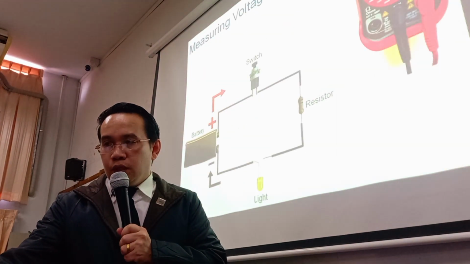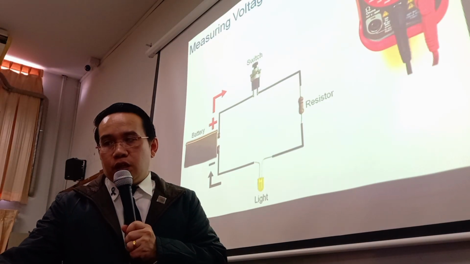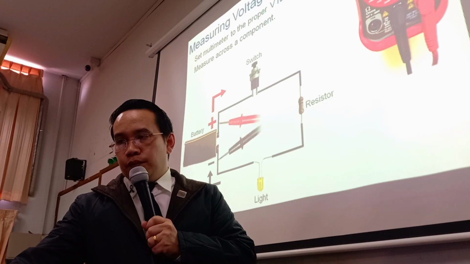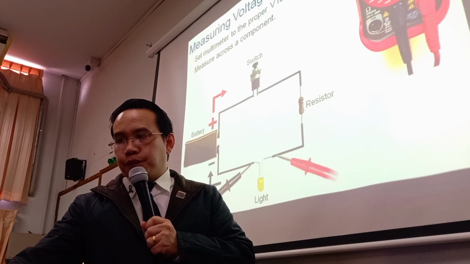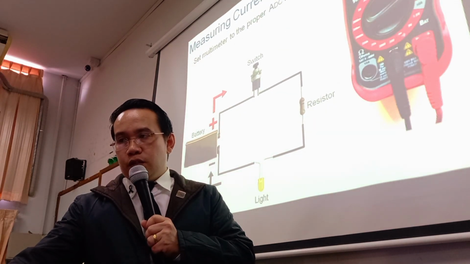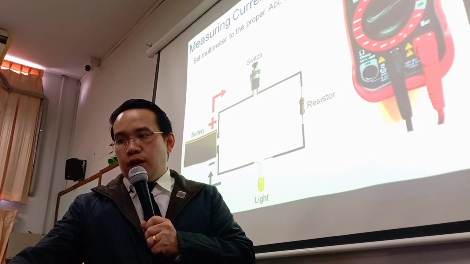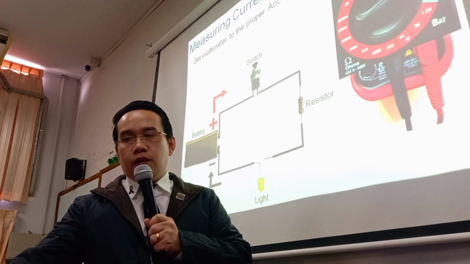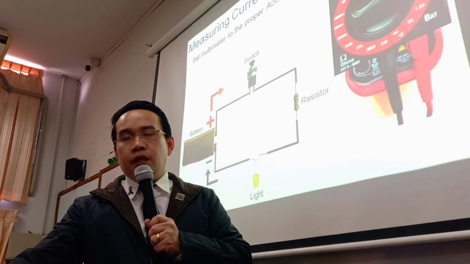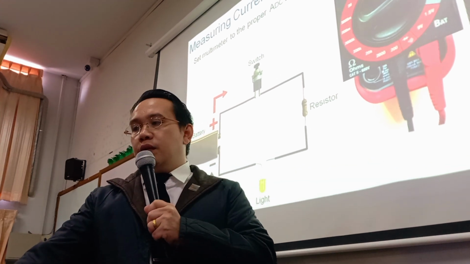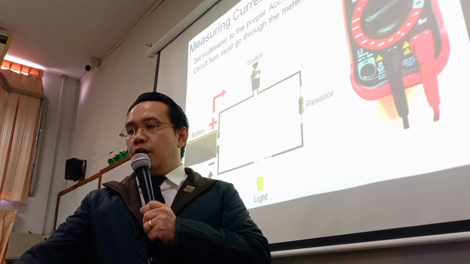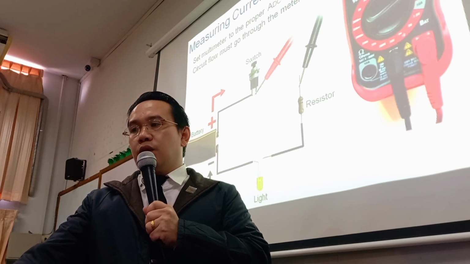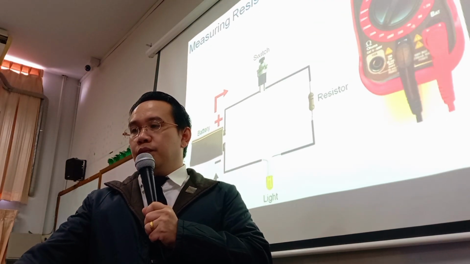So to measure voltage, we need a voltmeter. For measuring the current, we need an ammeter. This sets the multimeter to the proper alternating and direct current range for the presence of current. So the circuit flow must go through this meter.